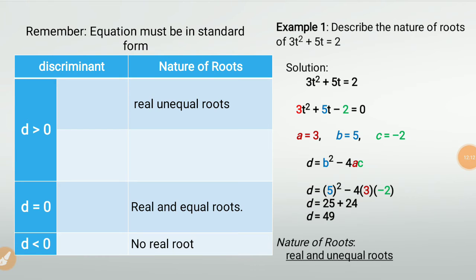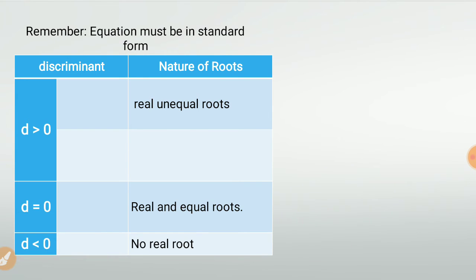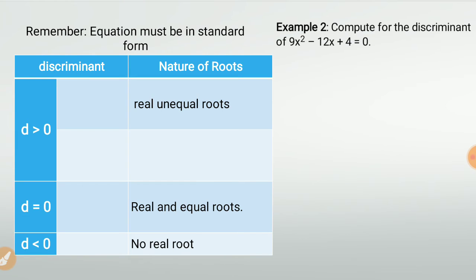Here we're going to take another example. Now I'm keeping this table for our reference. Example number 2. Compute the discriminant of 9x square minus 12x plus 4 equals 0. This is your given equation. What will we do?